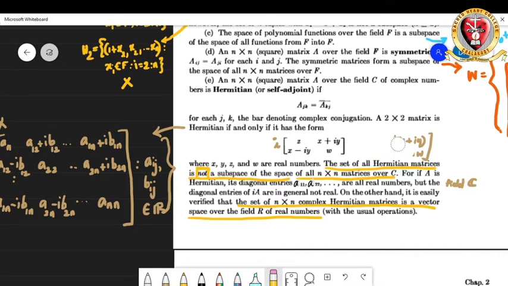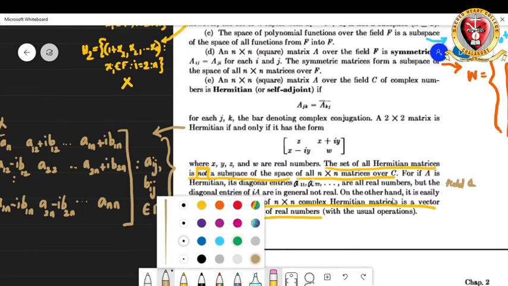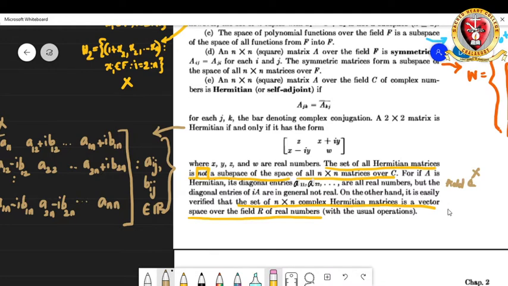It is not a real number. That means it is not a Hermitian matrix. So the property about scalar multiplication is not satisfied here. So if we take the field to be C, the subset will not form a vector space.